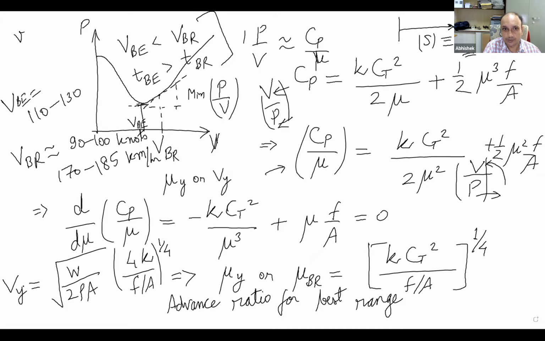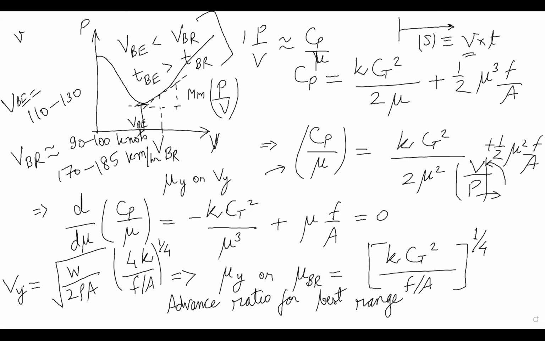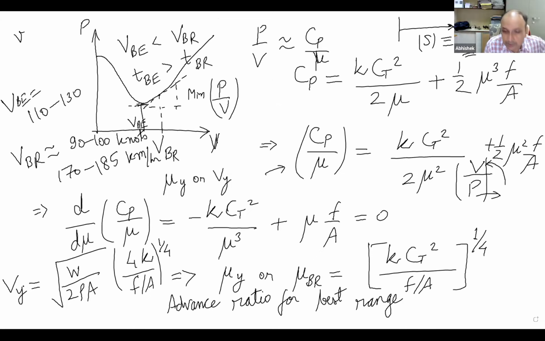Sir, do you mean to say that if we are traveling at the maximum range point, then overall we consume less power to travel from A to B than if we go at best endurance? Yes, absolutely.